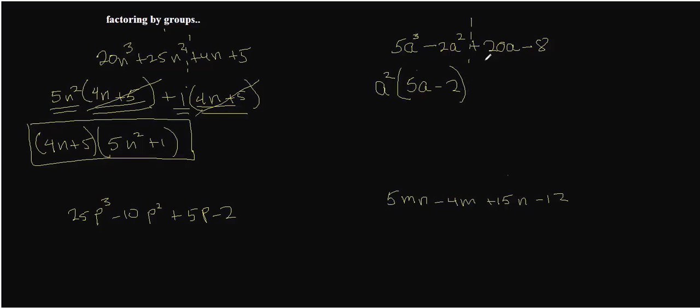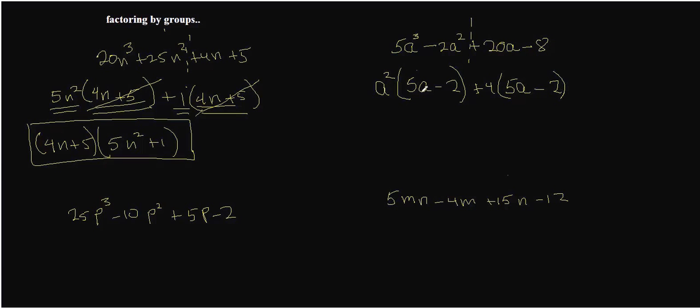On the second part, you can see they have a 4 in common, so I'm going to put a positive 4 outside. 4 times 5 will give me a 20, so I need a 5 here, times a, minus 4 times 2 would give me an 8, so I need a 2 here.